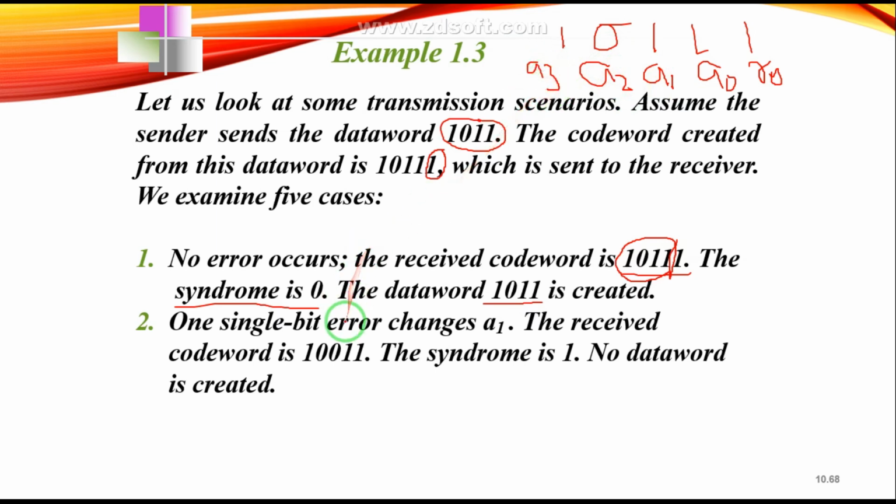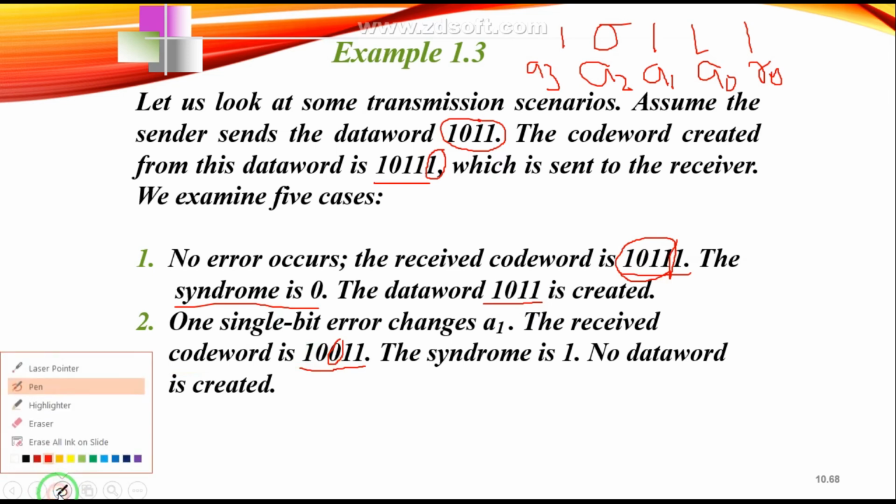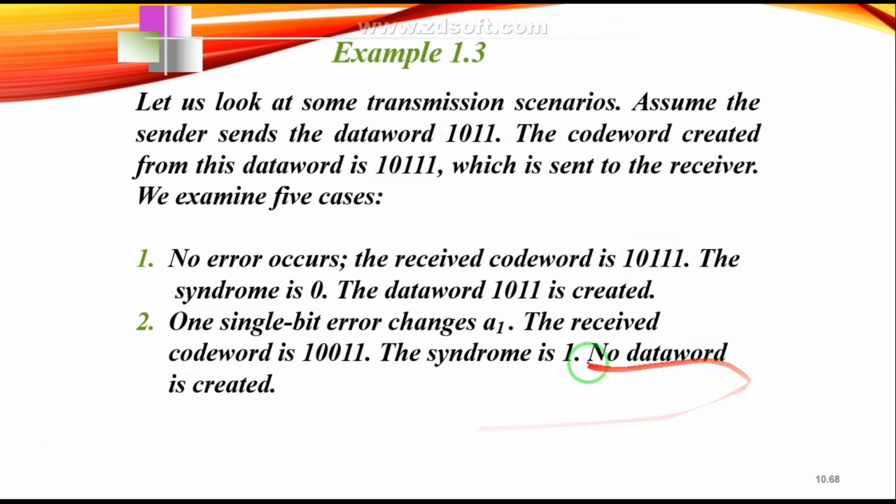One single bit error changes A1. This one has been changed from 1 to 0. So the received code word is 10011 instead of 10111. The syndrome is 1 because the number of ones in the code word is odd. So no data word is created, it is discarded.